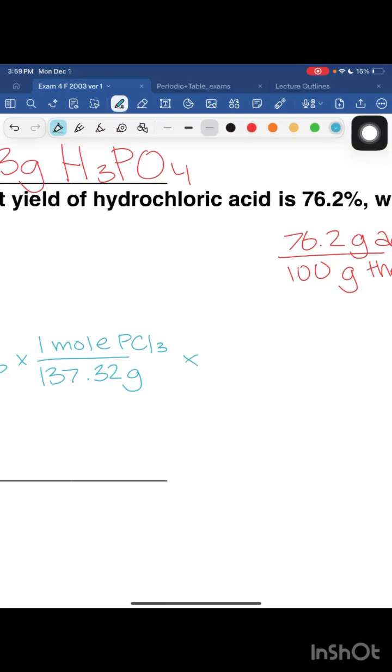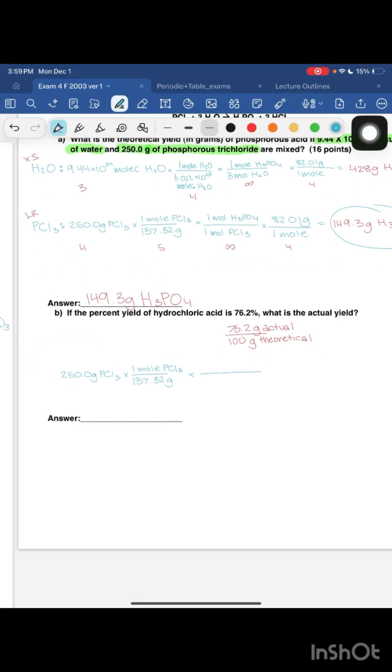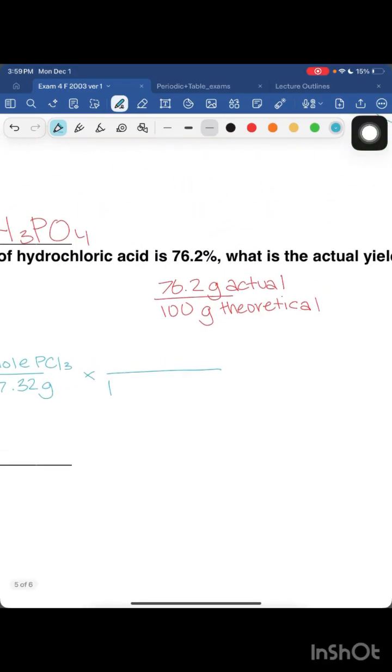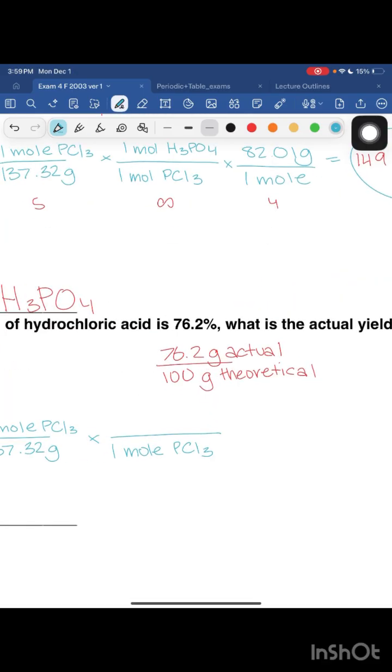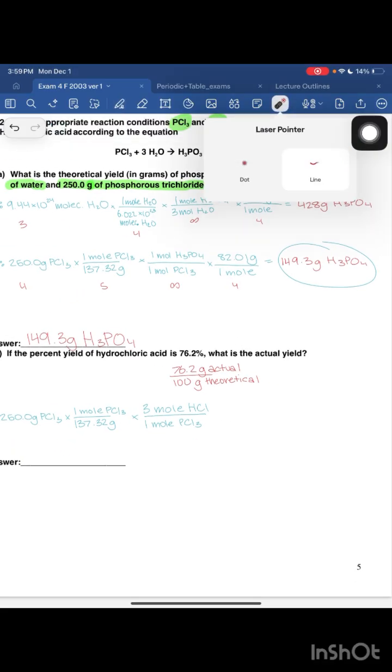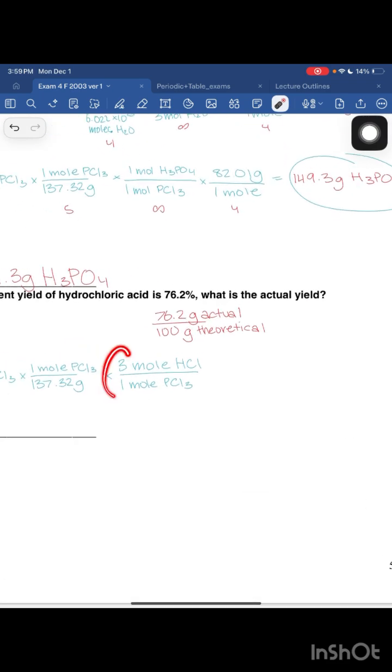From here, we need to use our mole ratio with the hydrochloric acid. So, for every 1 mole of phosphorus trichloride, we have 3 moles of HCl up here. We've got an invisible 1 here, and we've got a real 3 here, represented here.